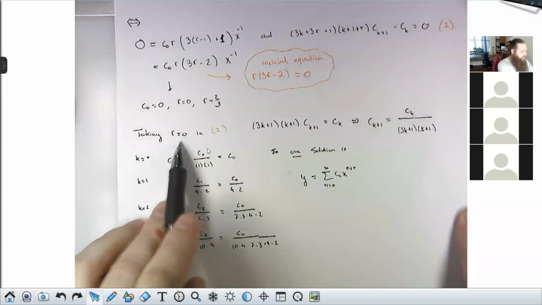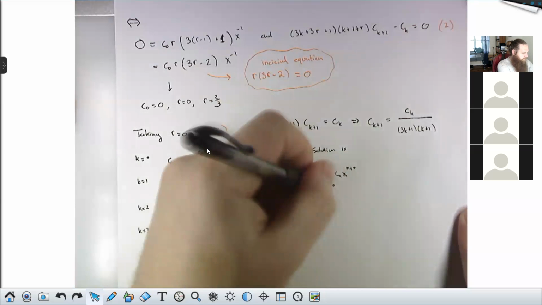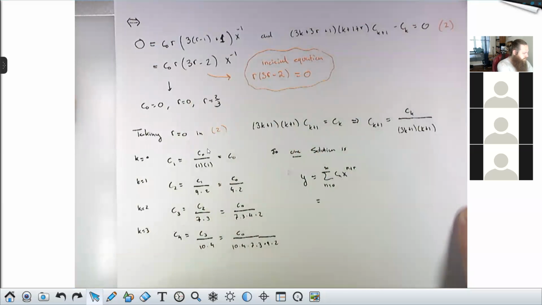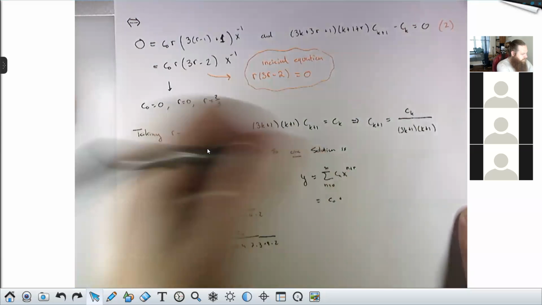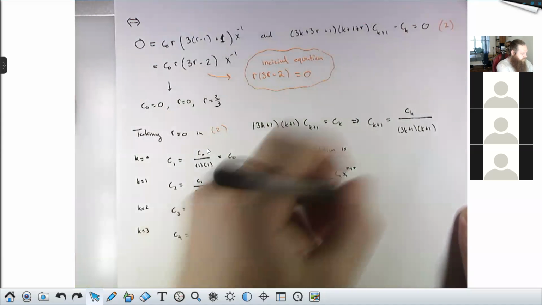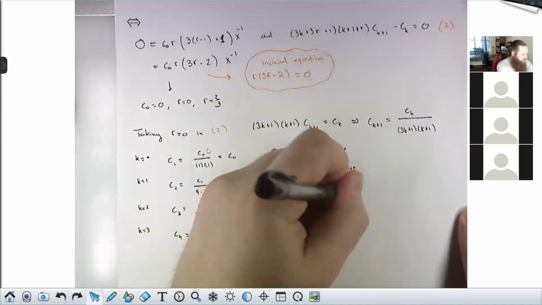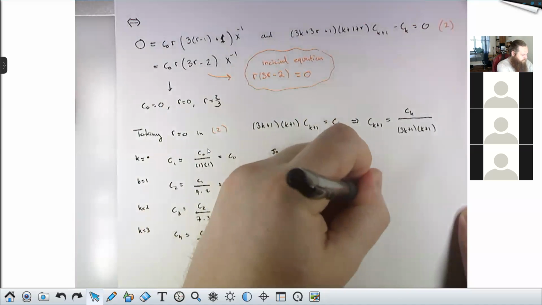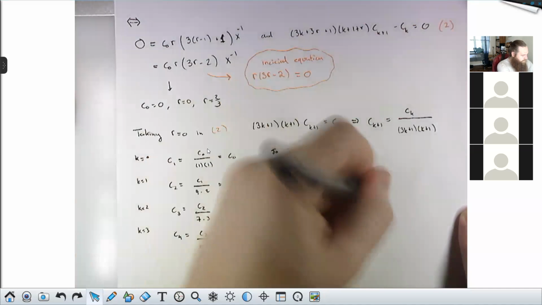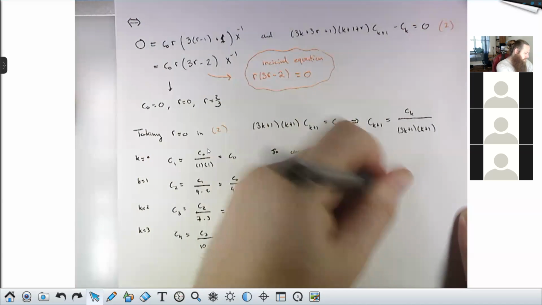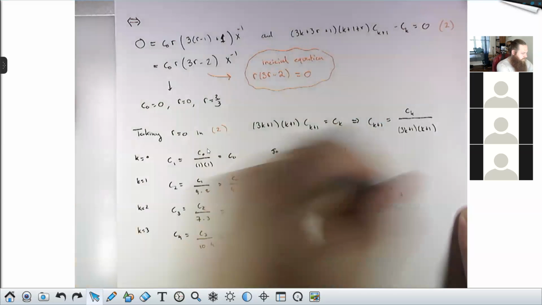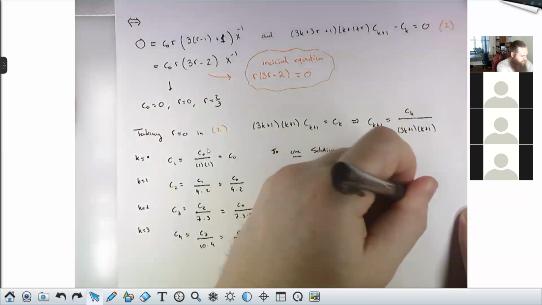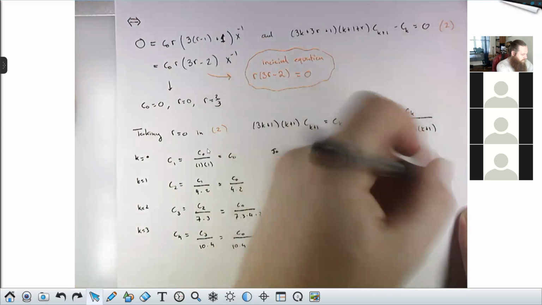But in this particular case, I am taking r to be 0, so this would just look like a regular power series. It would be C0 plus C1 times x, and C1 is just C0 though, plus C2 x squared, which is C0 over 4 times 2, plus C3 x cubed, which is C0 over 7 times 3 times 4 times 2, times x cubed.